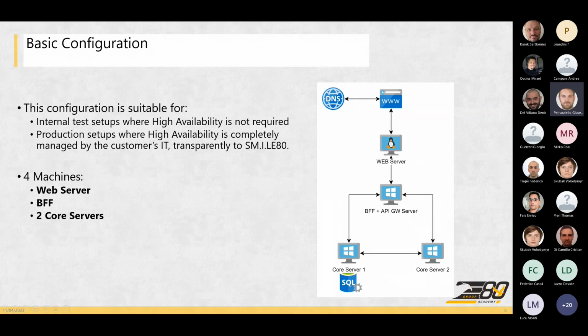A single web server, a Linux machine where you can find applications like Nginx and the web UI, deployed as Docker containers, as we saw before. One BFF machine with API gateway, where the API layer is hosted on Microsoft IIS. And two core servers, one with SQL Server and one for the services.